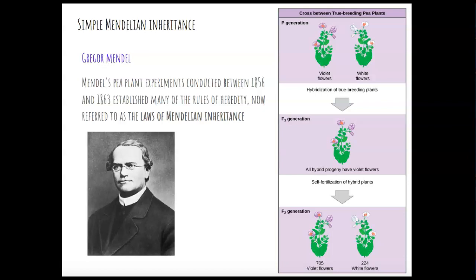So we had purple and white plants in the parental generation in a monohybrid or a true breeding cross, then had in the F1 generation all violet flowers, and in the F2 generation we have a mix of violet and white flowers. And from those simple experiments, Mendel was able to determine the way that simple characteristics and simple genes are inherited through dominant and recessive alleles.